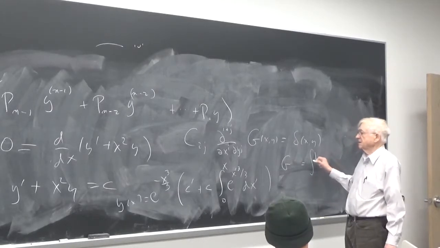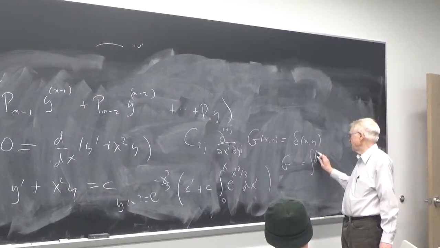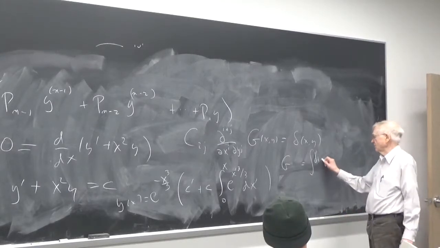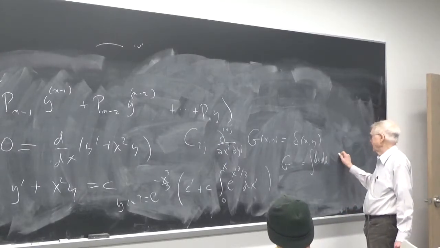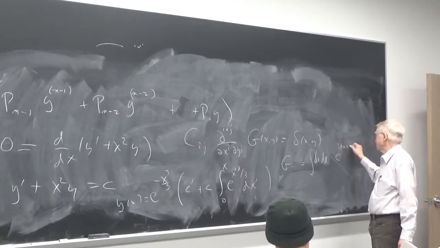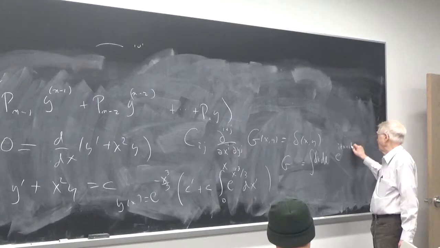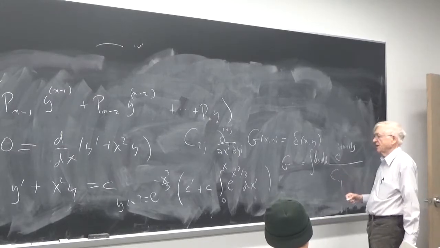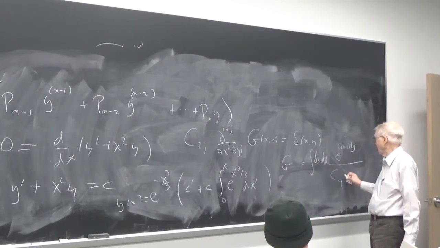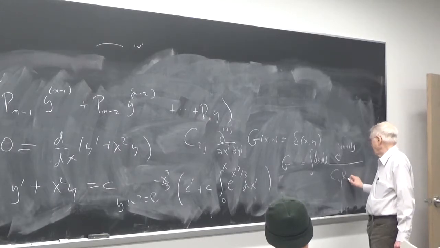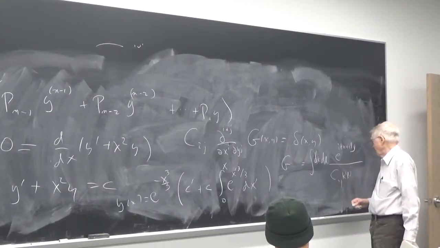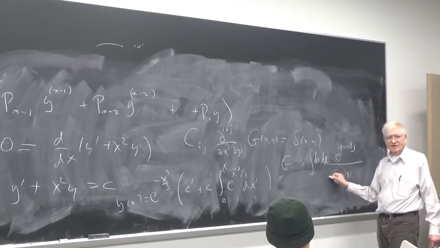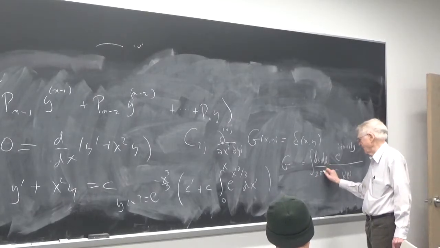Here it would be dk dl, and e to the i k x plus i l y, and then you divide by something like the sum of c_ij k to the i l to the j, and we have a 2 pi squared here.